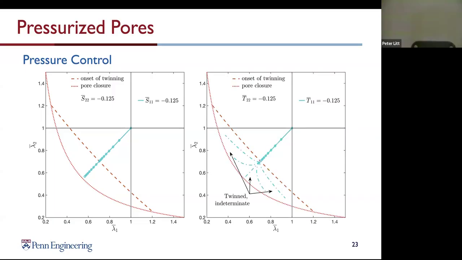Now, alternatively, you could apply a different type of traction boundary condition. So you could apply Cauchy type tractions, meaning tractions in the current configuration. And if you do that, you get something that looks similar up to the point of twinning. But once you get into the twinned regime, remember, you're behaving like an elastic fluid now.